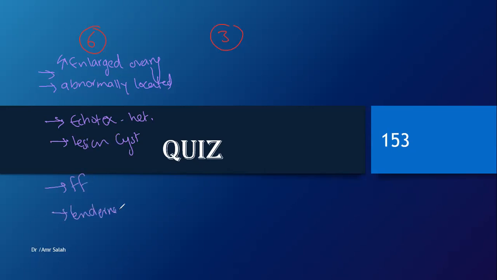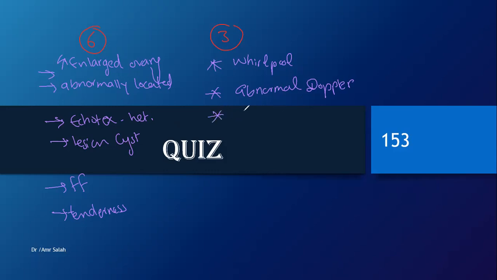Very important. Okay, what about the 3 specific signs? One, the whirlpool sign or target sign. Two, the abnormal Doppler, that is absent vascular flow, or in the primary phase, there is arterial flow only.